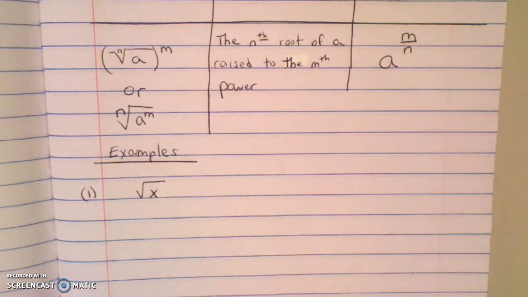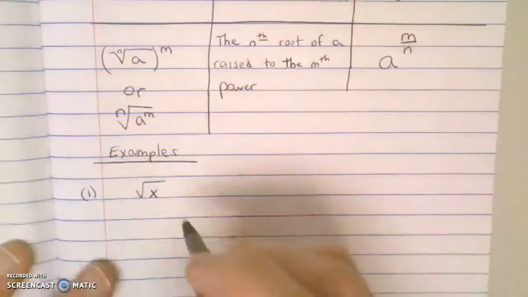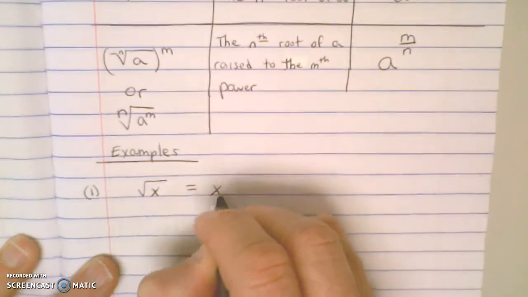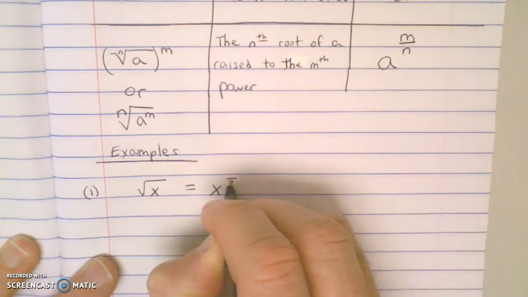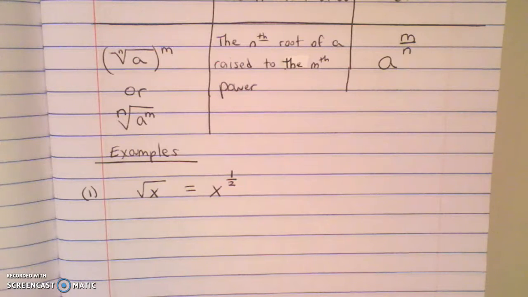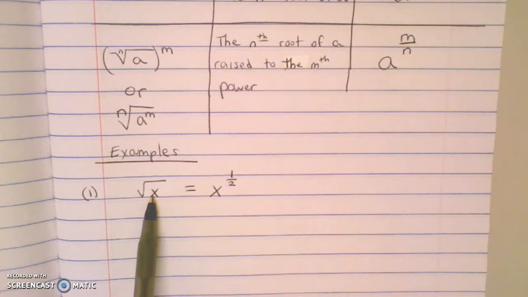What I have to know is that when there is no number listed, remember that's a 2. So this is the square root of x. So there's an imaginary 2 here because that's the root part. So if I want to rewrite that into an exponential form, the denominator is 2 and the numerator is 1 because that's the power on x. So this is the exact same thing. These mean the same thing. X to the 1/2 is the same thing as the square root of x.